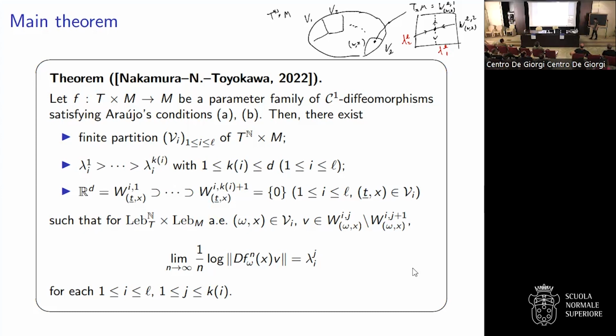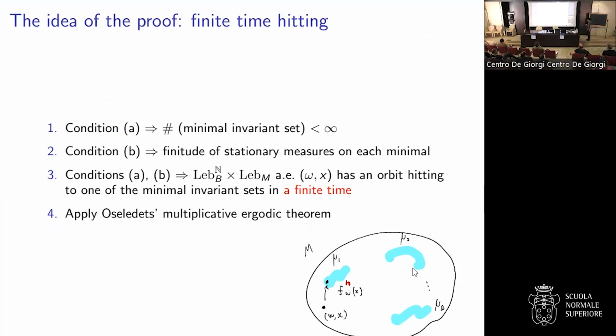This is the conclusion. Maybe the disappointing point for me is that the proof is too elementary. And that sometimes happens. The thing is very easy to explain.